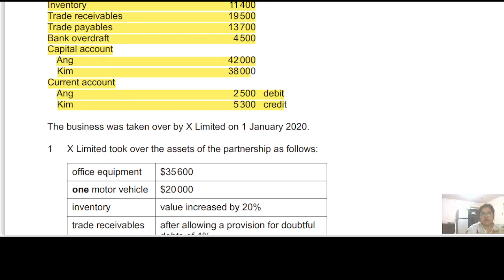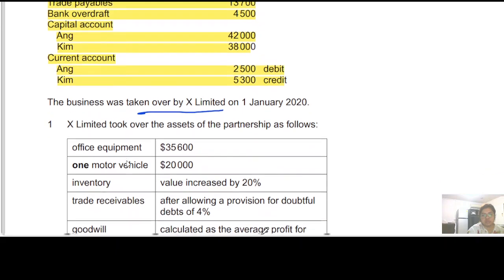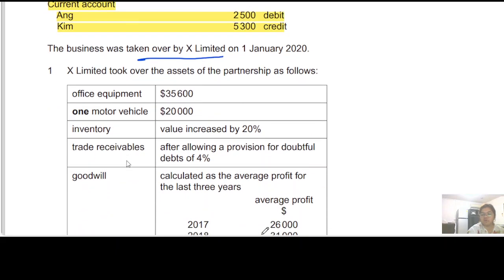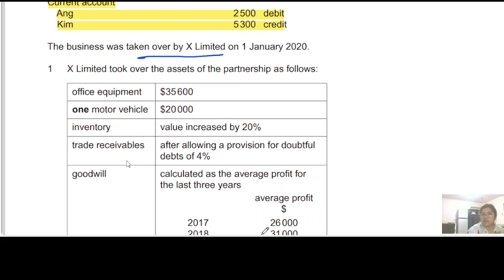Now, the partnership is taken over by X Limited on 4th January 2020, and X Limited took over the assets with these values. For office equipment, they chose the value 35,600, one motor vehicle 20,000, and inventory with a 20% increase.